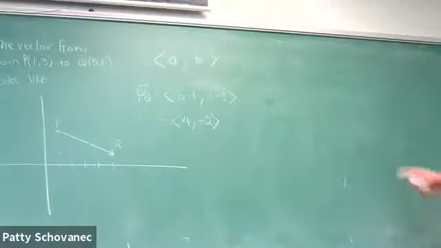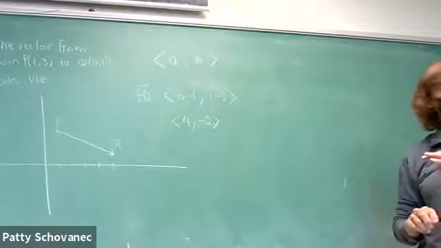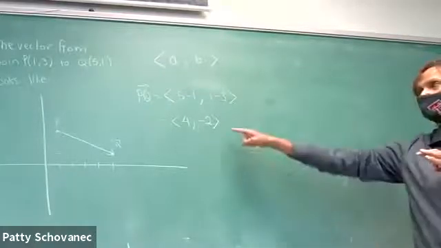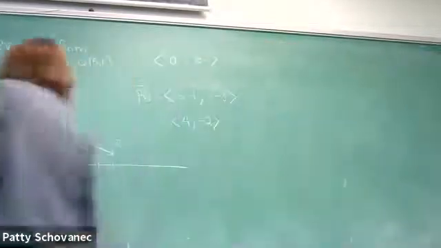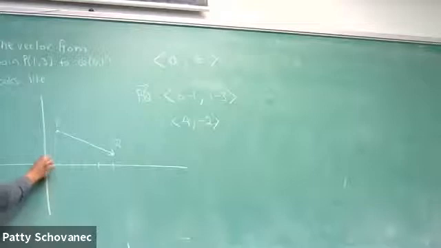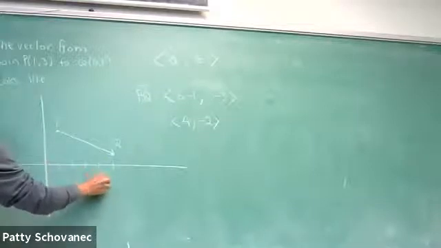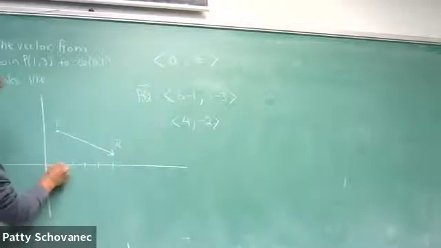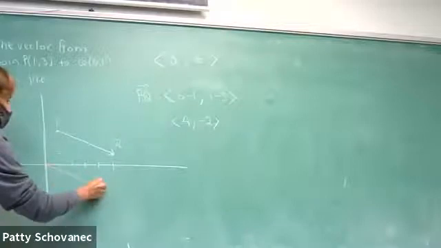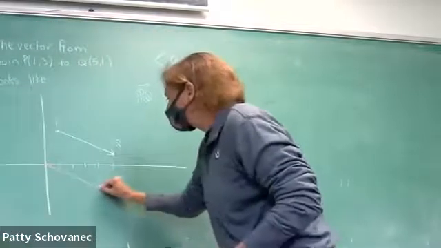The position vector associated with vector PQ has its initial point at the origin and its terminal point at the ordered pair 4, -2. And so it would look like this. Count over 4 and down 2. Oops, I missed.